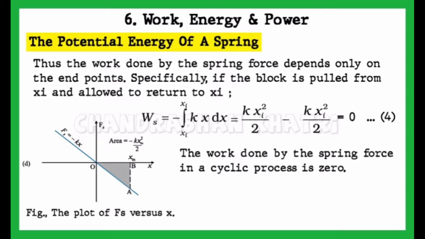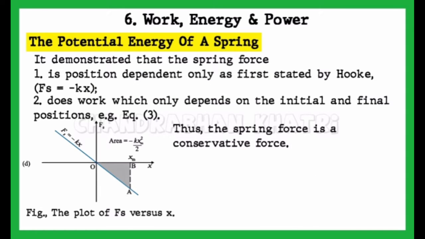The work done by the spring force in a cyclic process is 0. It demonstrated that the spring force, first point, is position dependent only as first stated by Hooke's law Fs equals minus kx. Second, does work which only depends on the initial and final positions, like equation number 3. Thus, the spring force is a conservative force.